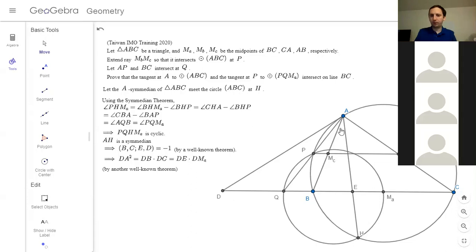If you look at the triangles ADQ and AD, yeah, maybe we could use projective geometry. So if you look at QCE, I wonder if that's right.